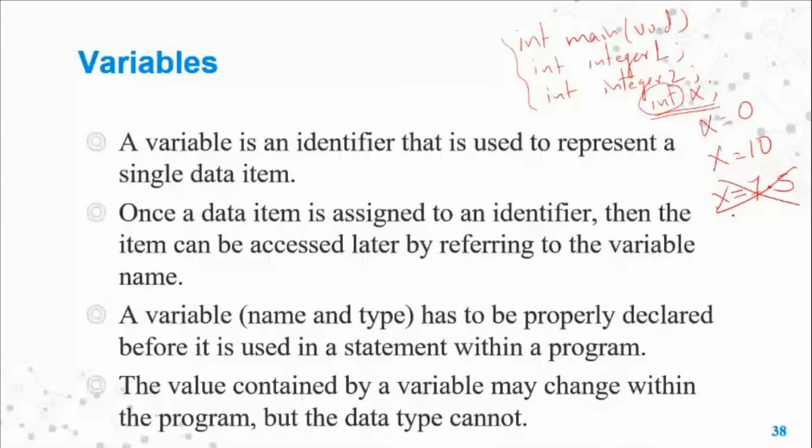If you assign a statement like x equal to 7.5, x will take some other value. Maybe 7.5 is rounded off to 8. So x will hold only integer type values if it is declared as integer type. The value contained by a variable may change within the program, but the data type cannot. The data type of a variable is the type that is used while declaring that variable.